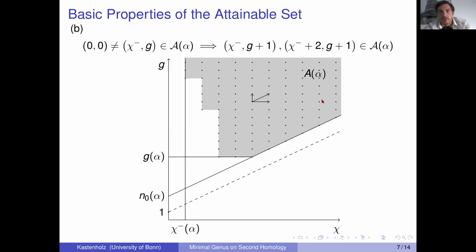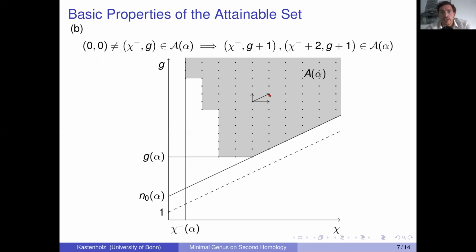So what does the second thing mean? Well, the second thing means that whenever I have a point in the attainable set, then I can go upwards once, or I can go to the top right. And what do these steps geometrically mean? Well, going upwards once just means I take the disjoint union with a torus on which my map is null homotopic, which of course increases the genus but leaves the Euler characteristic the same.